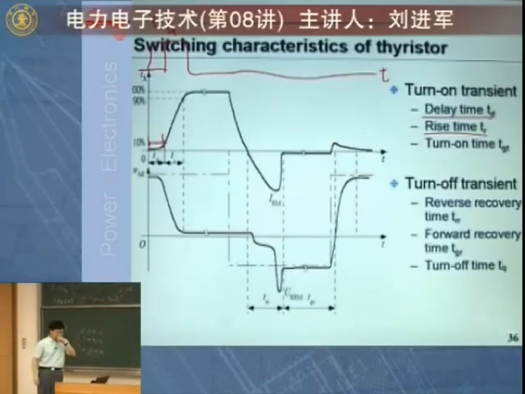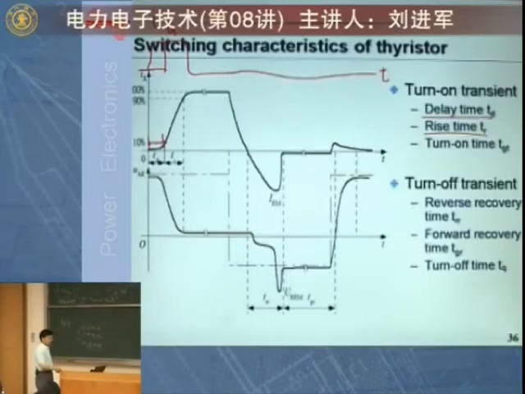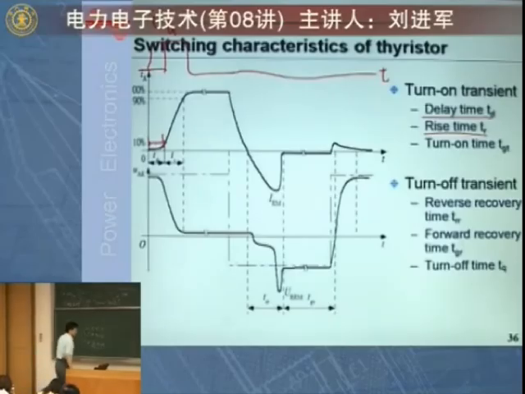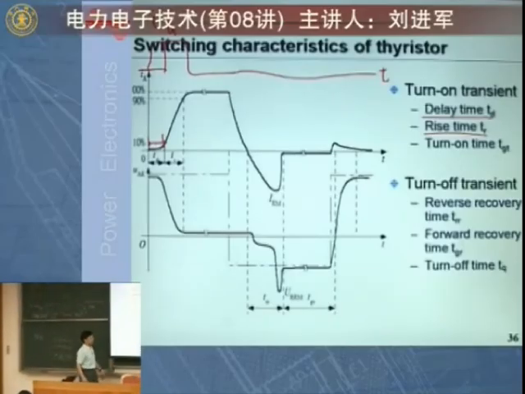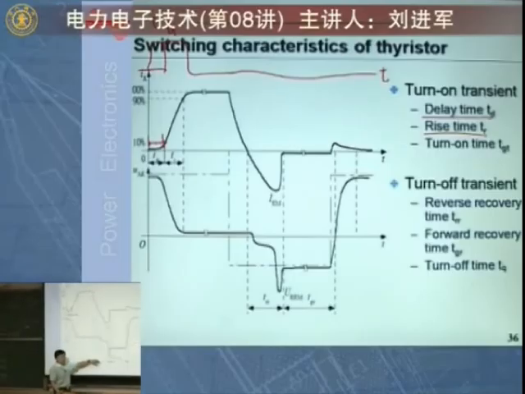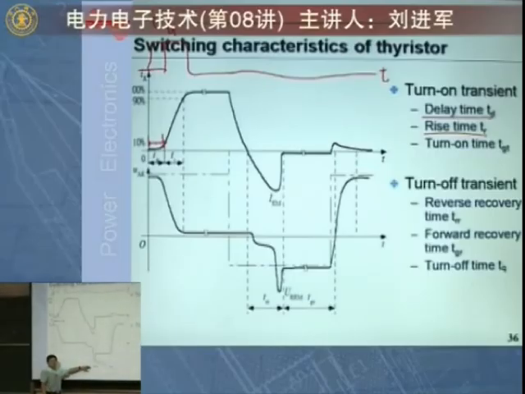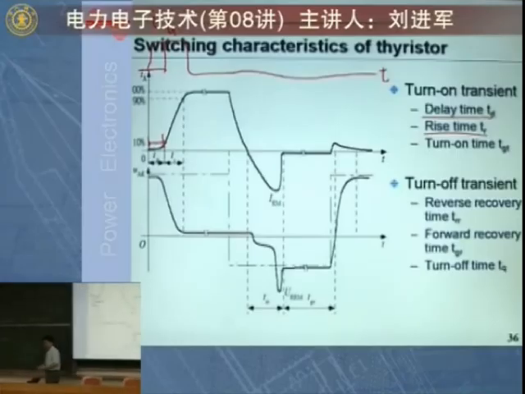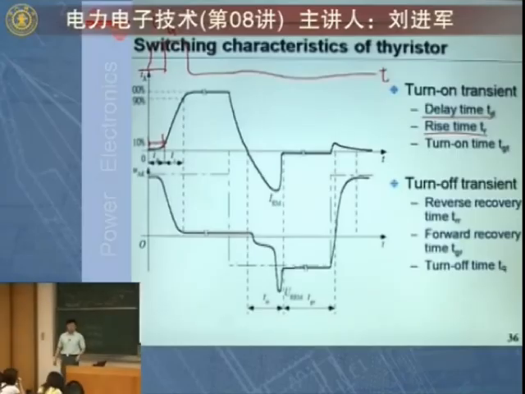Okay? So when you turn it off, you also need a certain process. Remember, as we said, the only method we can turn the thyristor off is through the external circuit to decrease the thyristor current to 0.